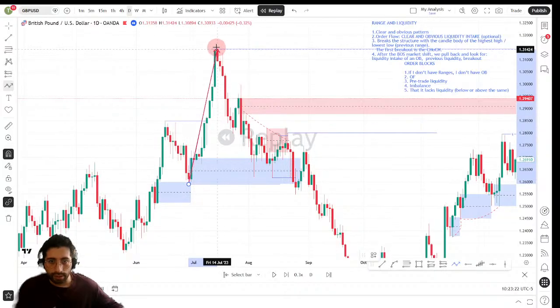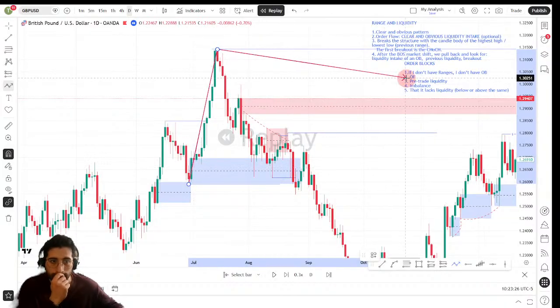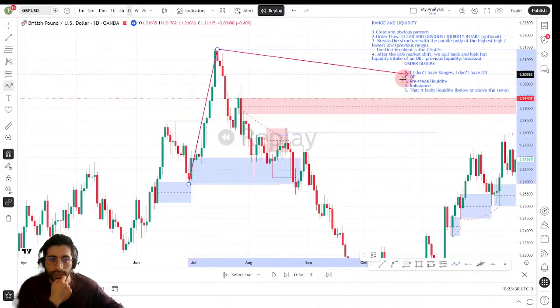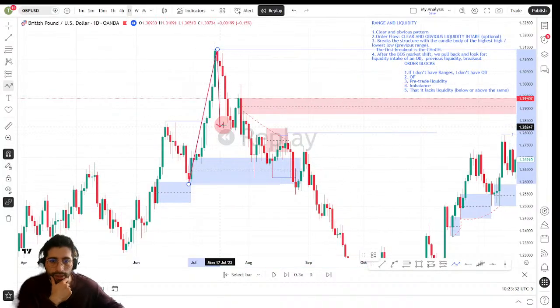Now, would this be a valid order block? Well, the thing is the next. It has order flow, yes, but it doesn't have pre-trade liquidity. These lows here are not actually liquidity. It's too few, let's say.